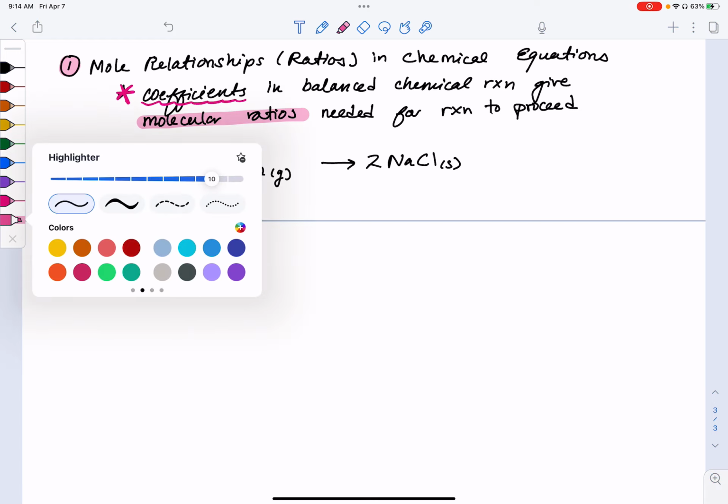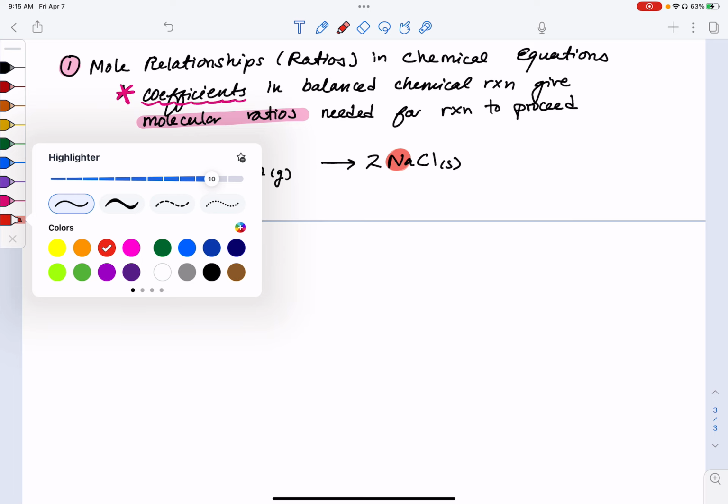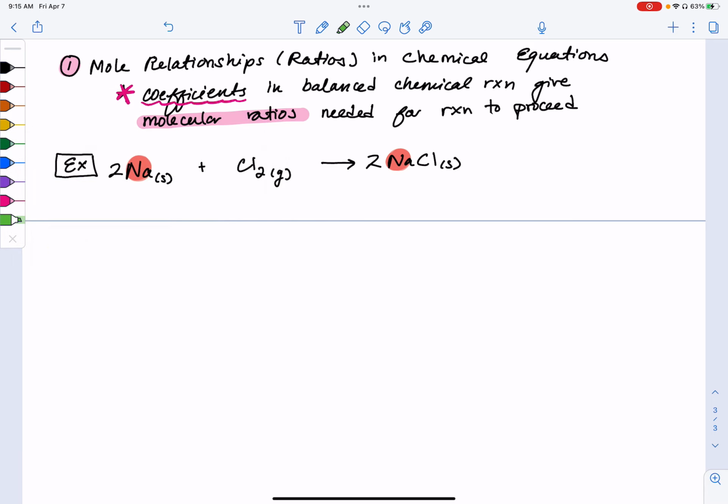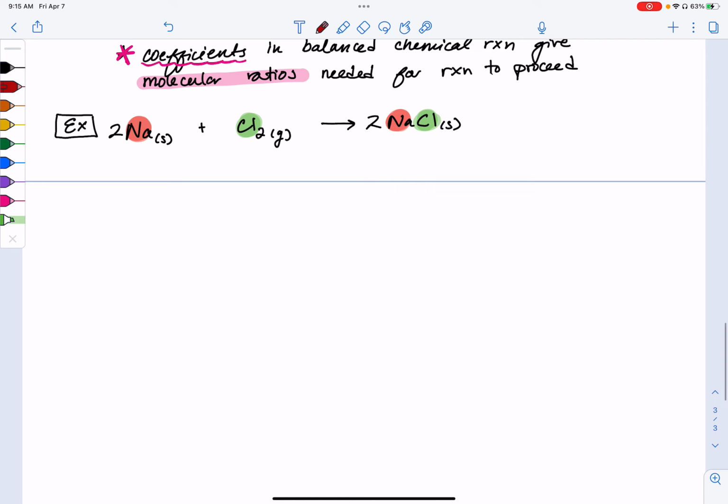All right. What on earth is happening here? So let's have sodium in red, and let's have chlorine in green. What is going on in this reaction?